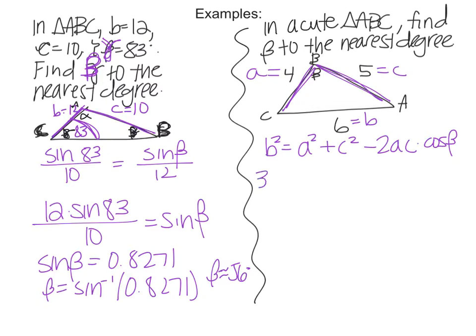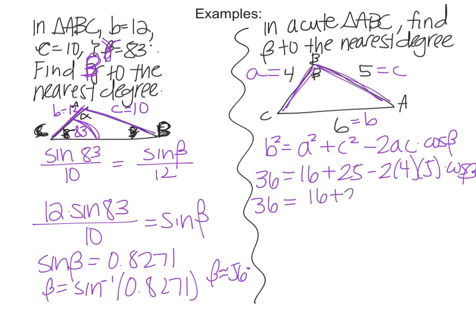So we know some information. So this is b because it's across from b, this is a, and this is c. So I know that 36, because that's 6 squared, is equal to 16 plus 25 minus 2 times 4 times 5 times the cosine of beta. So I can start simplifying all this out. So I have 36 equals 16 plus 25 minus 40 cosine of beta.